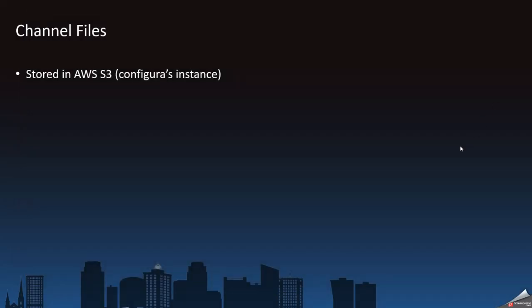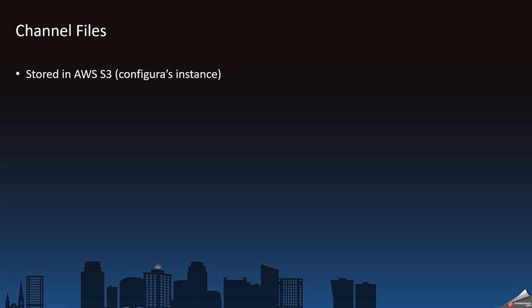Okay, that is it for how channels themselves work to grant access to various portions of your extension. So the next topic here is related, kind of. It's channel files. So along with these channels, what we can do is store some files.